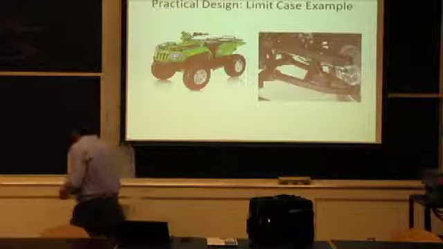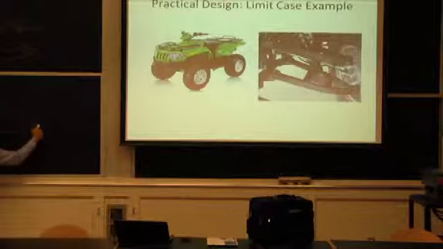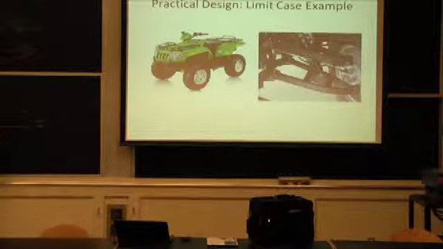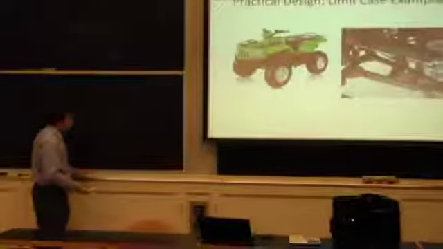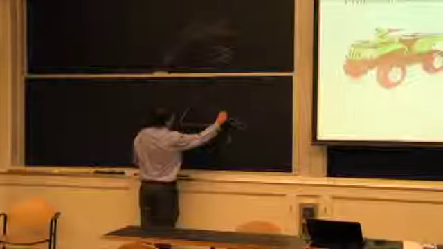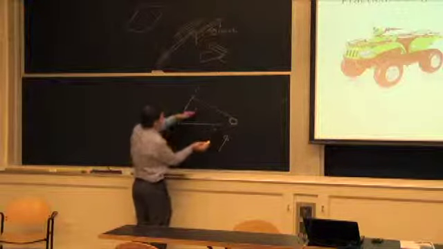So we're looking at that frame with the ball joint. So for a force hitting an obstacle or applying the brakes, you can resist it by a combination of tension in this member, compression in this member.